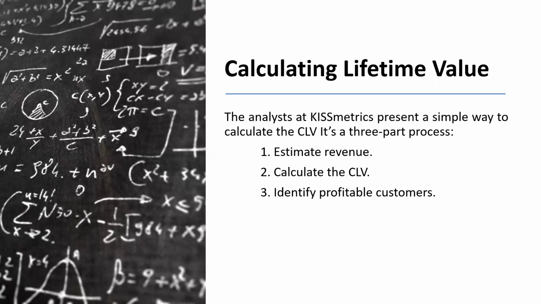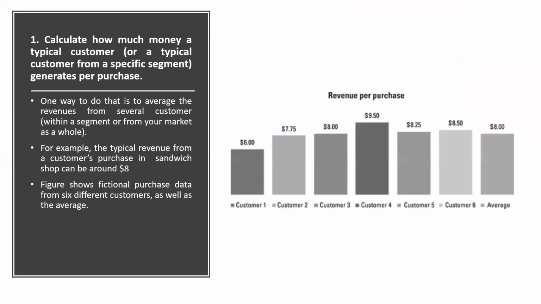What are the steps? First one, estimate revenue. You need to calculate how much a typical customer, or a customer from a specific segment, generates per purchase. One way to do that is to average the revenues from several customers within a segment. Let's say you classify customers into multiple segments based on demographics, like this age group, this gender, this location.